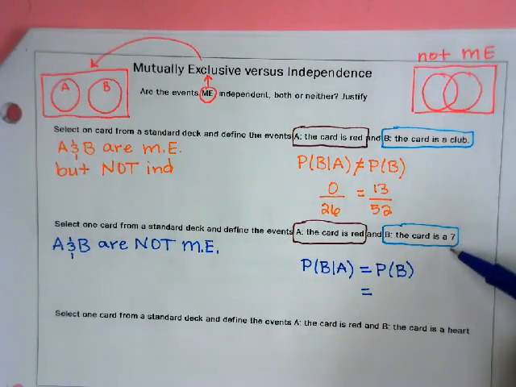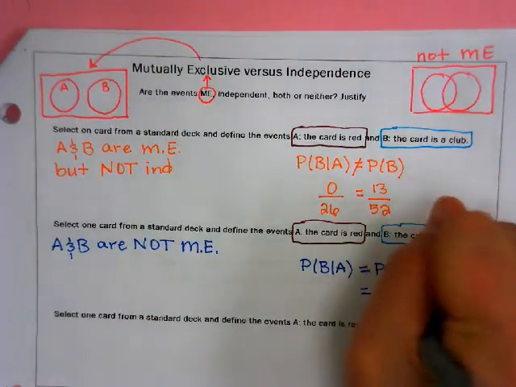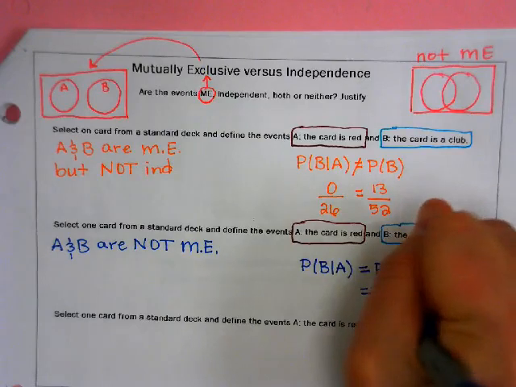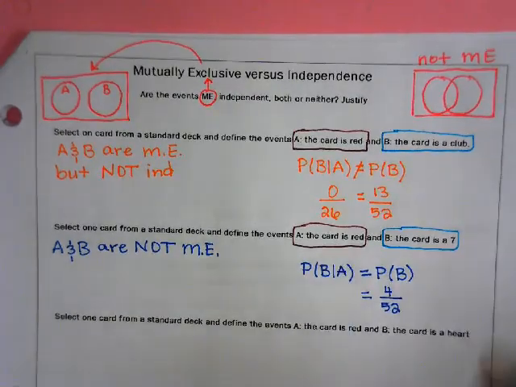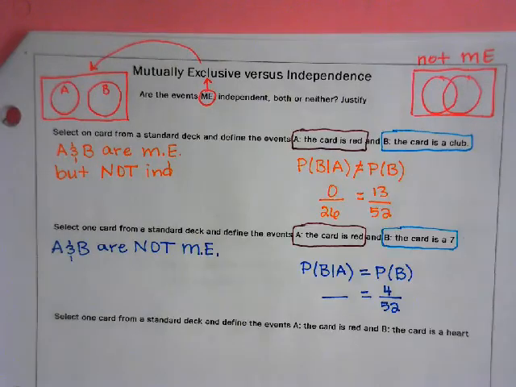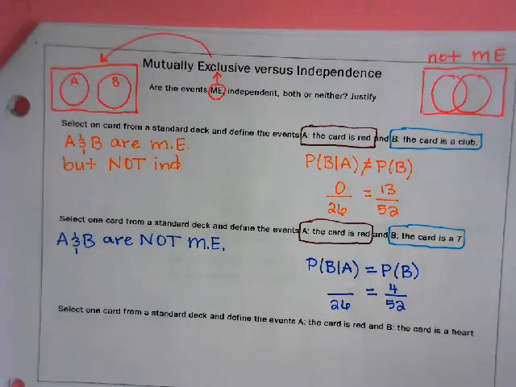So we know the card is red. How many red cards are there in a deck? 26. So the bottom is 26. Out of those red cards, how many are 7s? 2. Is 2 out of 26 the same as 4 out of 52? Yes. So these two events are not mutually exclusive, but they are independent.